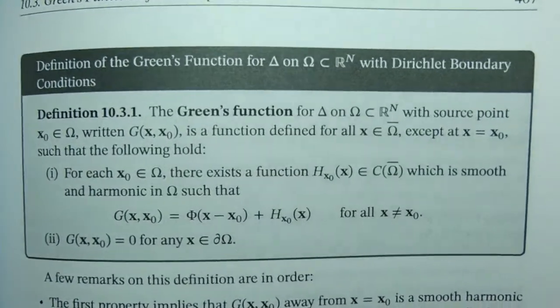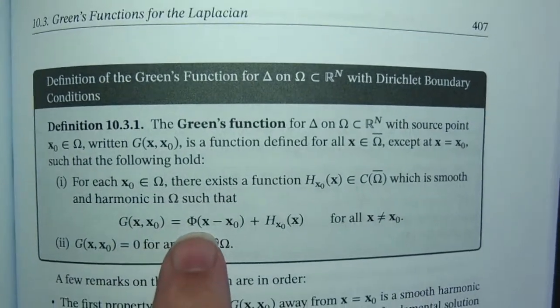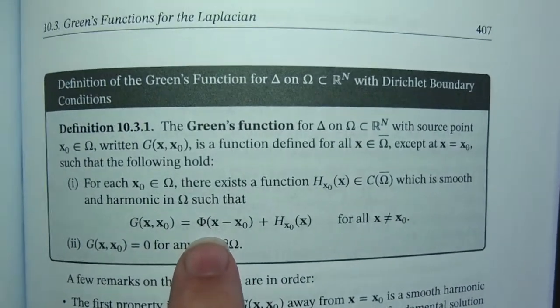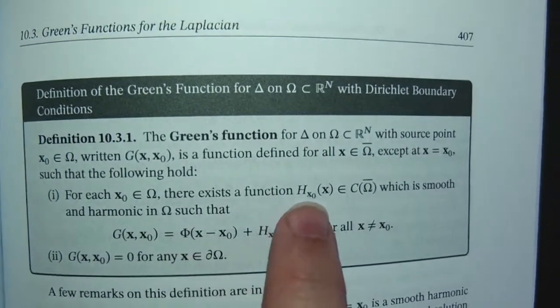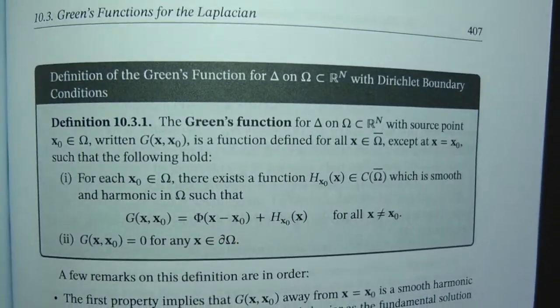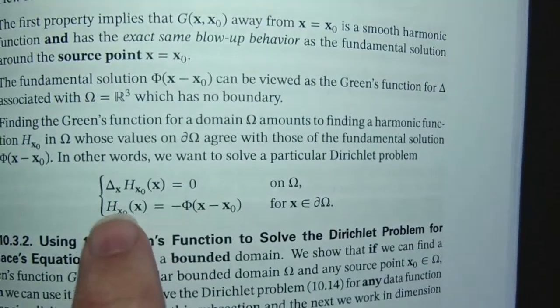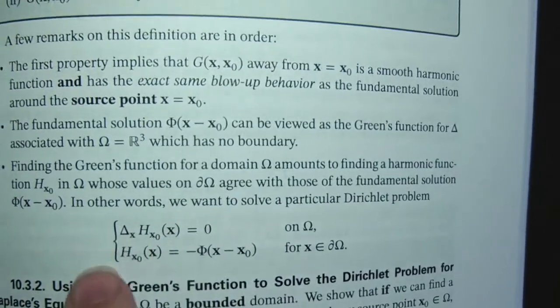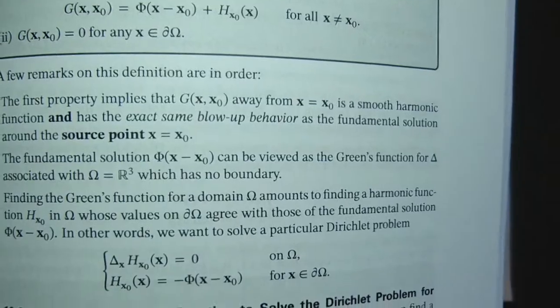I'm not going to go too much into this, but notice that the Green's function is defined in terms of these fundamental solutions to Laplace's equation plus this extra term here. The extra term satisfies this boundary condition. This is so that all of this stuff works.